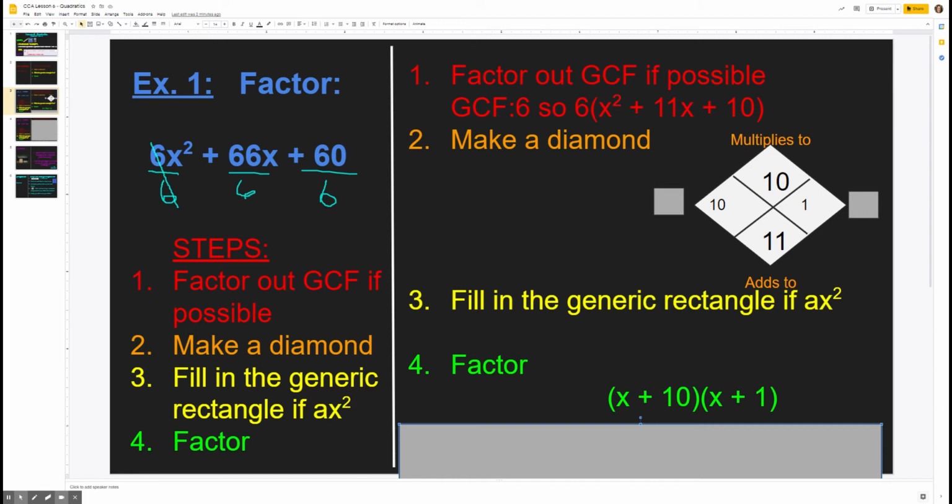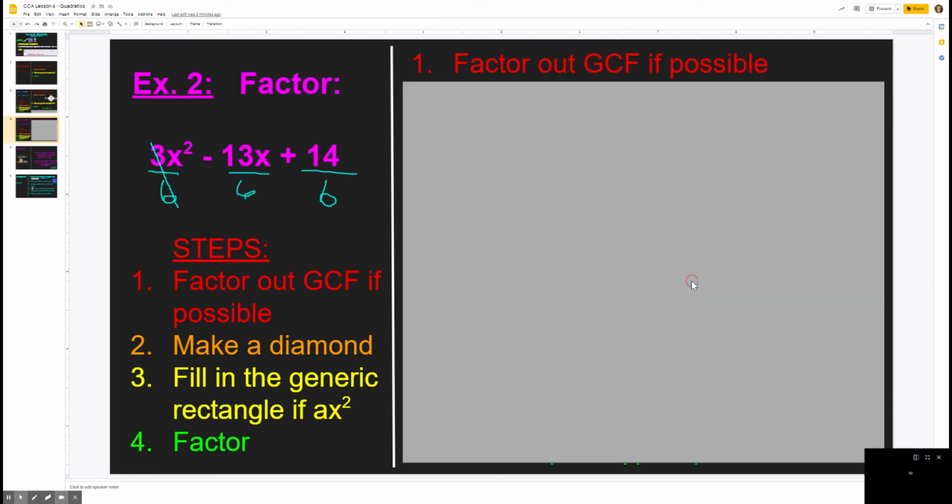All right, most of you are there, so we're going to move on to the next example.